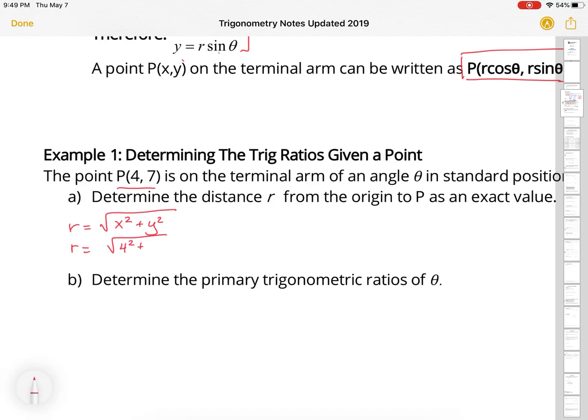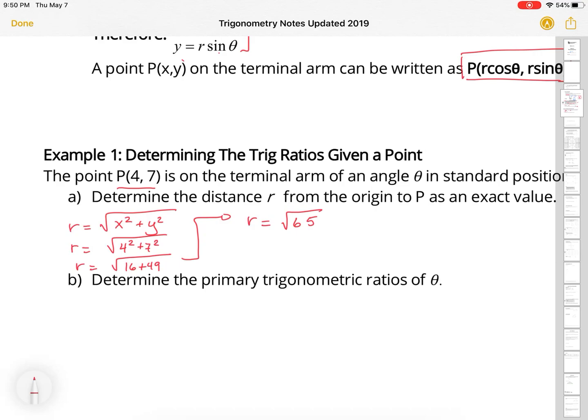We know that x is 4, so 4 squared plus 7 squared, which is y. So we just substitute that in. So r is going to be equal to the square root of 16 plus 49, so r is equal to the square root of 65.